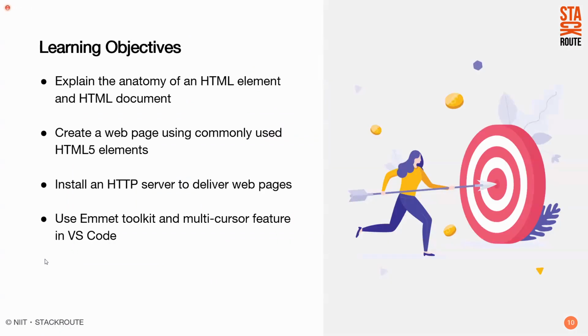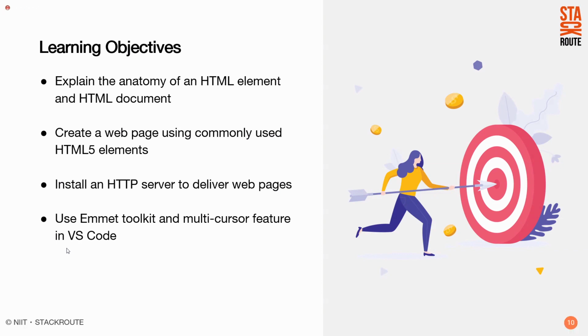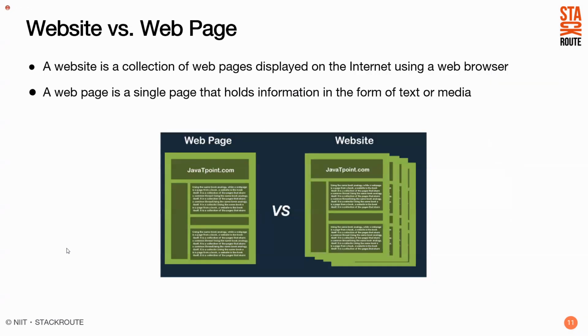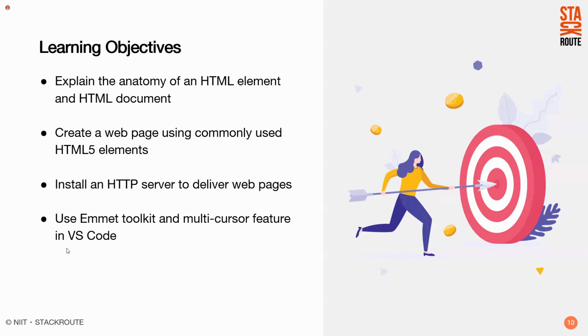In this session, we will discuss the anatomy of an HTML element and HTML document, how to create a web page using HTML elements, installing the live server, the Emmet tool, and the multi-cursor feature.